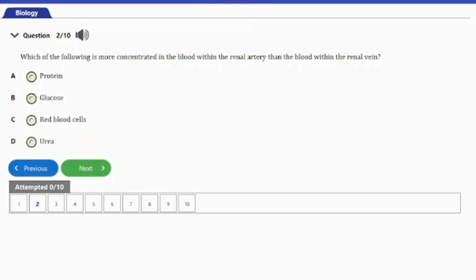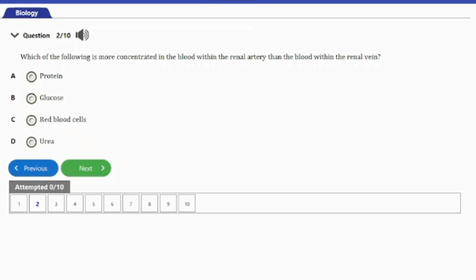And then only a small portion of it will get across and get to the renal vein. So in that case, the concentration of urea at the renal artery will always be higher than the one within the renal vein due to the high level of filtration of urea within the glomerulus. So that's it for that question.